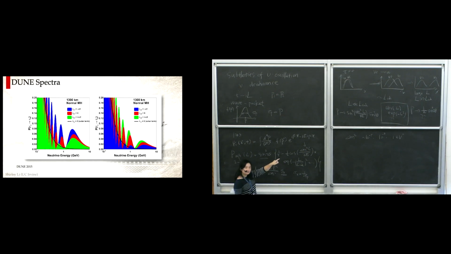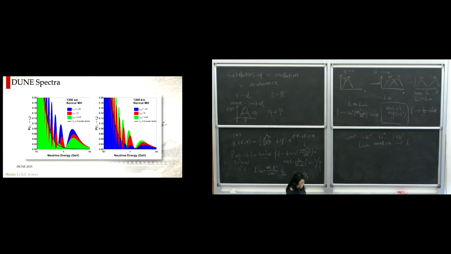The claim is that if this 1 eV squared actually existed, then this number will be large, so we will get a smallish L coherence length. The statement is that this would be comparable to the actual baseline of the experiment, which puts us in the cosine times exponential regime, a very interesting regime. So this is the recent statement. And actually, the statement is that there is some data in current searches for this 1 eV that favors this scenario.